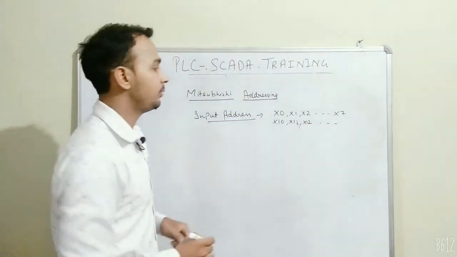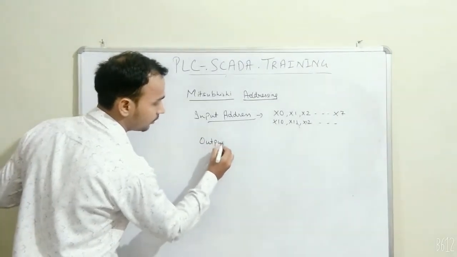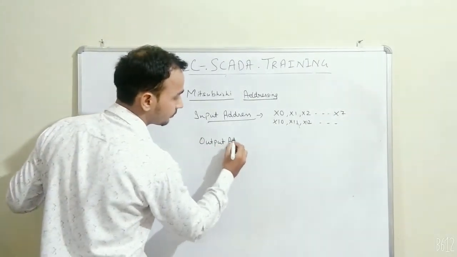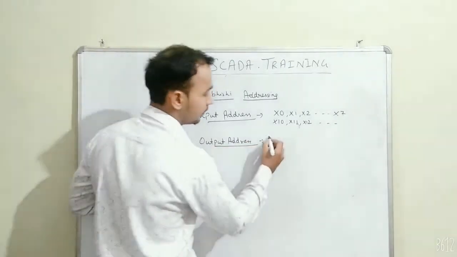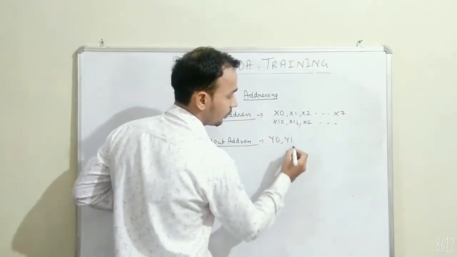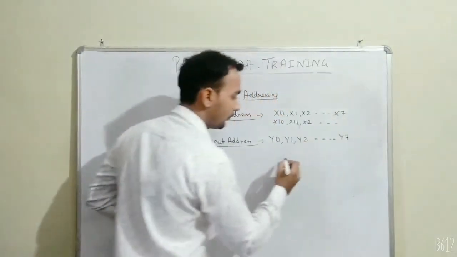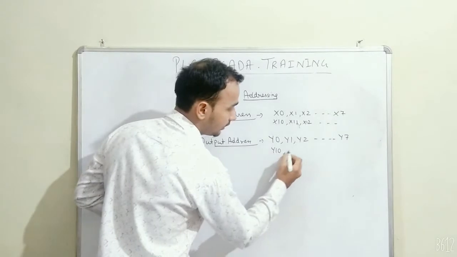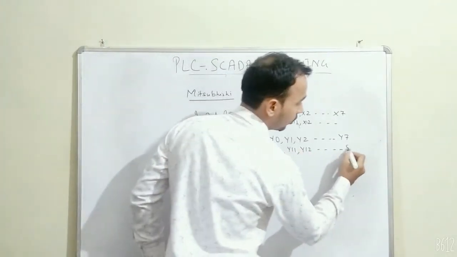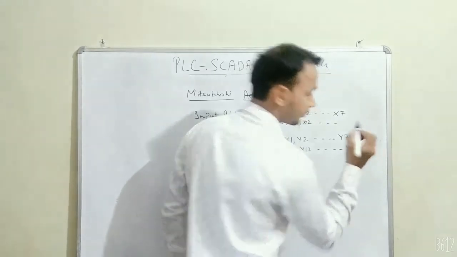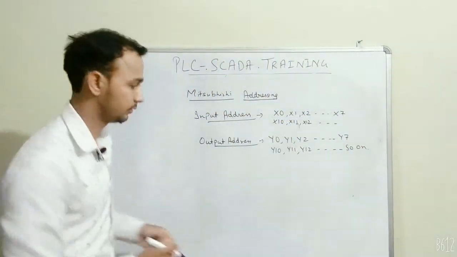This is the input address. Output address for Mitsubishi programming comes in Y form: Y0, Y1, Y2, up to Y7, after that Y10, Y11, Y12 and so on. So this is the output addressing.